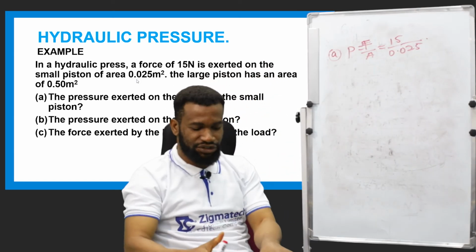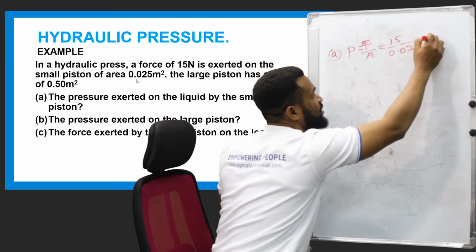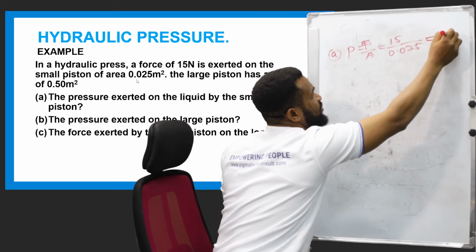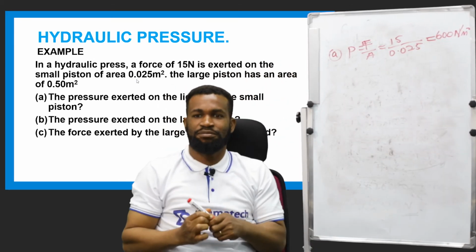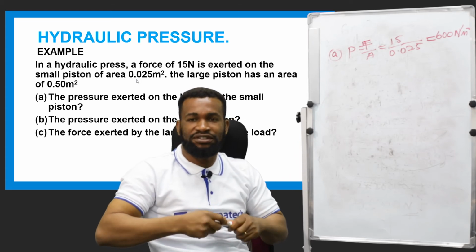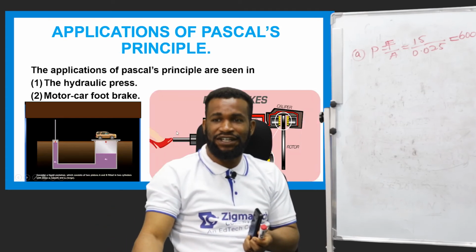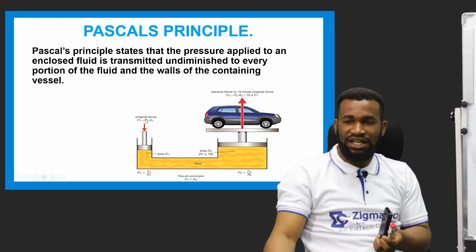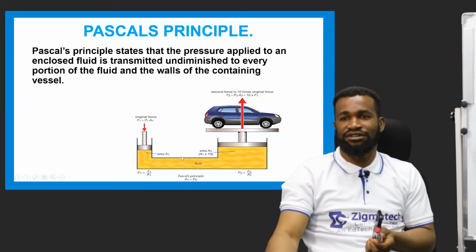So just use your device, and that is 600 Newton per meter square. So that is the pressure on the small piston. That is the pressure this small part is exerting on the fluid in this hydraulic press.